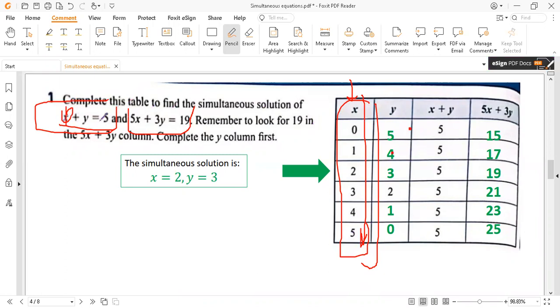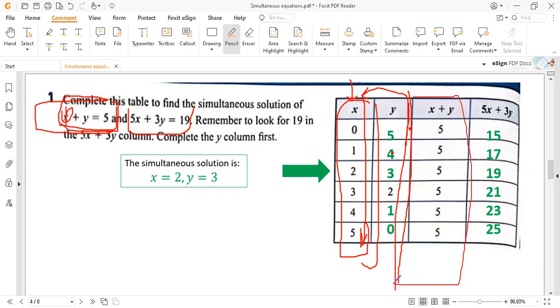If x equal to 2, we use the simplest equation to calculate the corresponding values of y that correspond properly to the possible values of x. Okay, so we calculate all the corresponding values of y for the possible values of x, referring to the first equation.